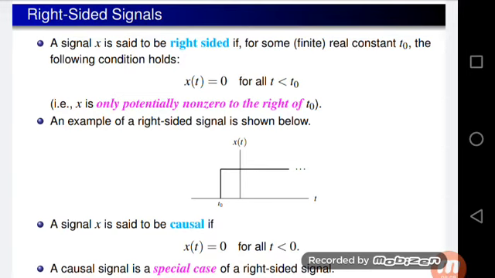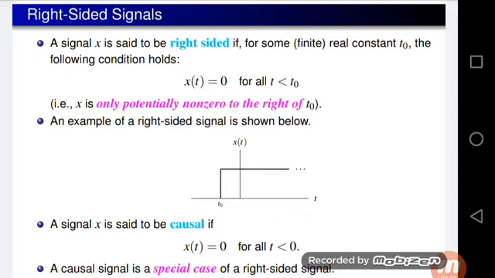For example, we are seeing the diagram below. It is a right-sided signal. That means the signal will propagate through the right side from t naught onward. That's why it is called a right-sided signal.